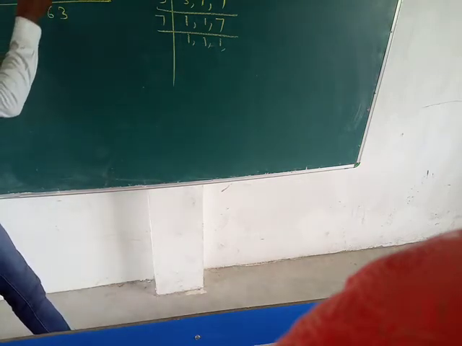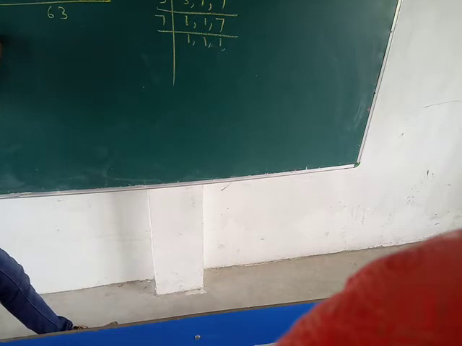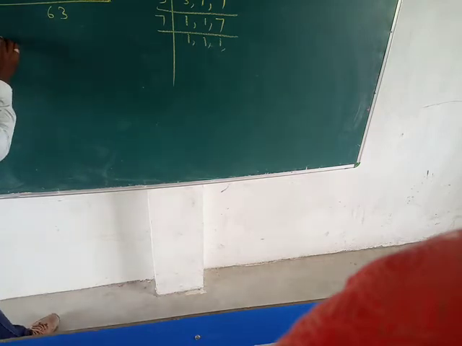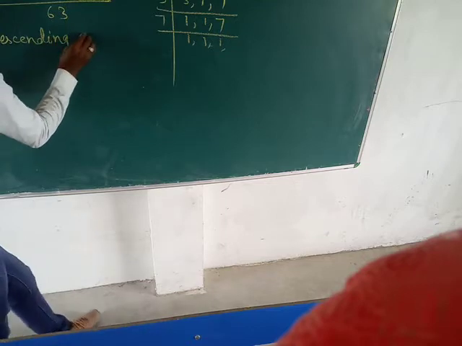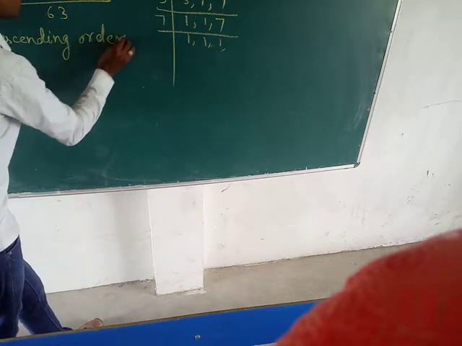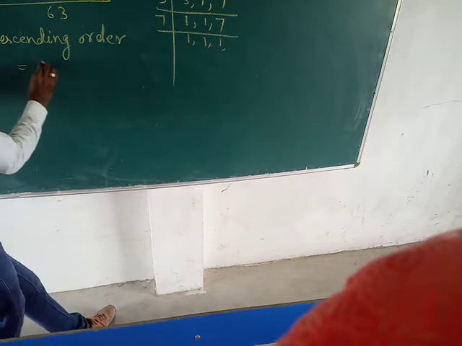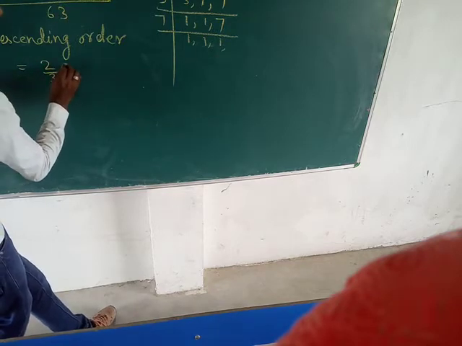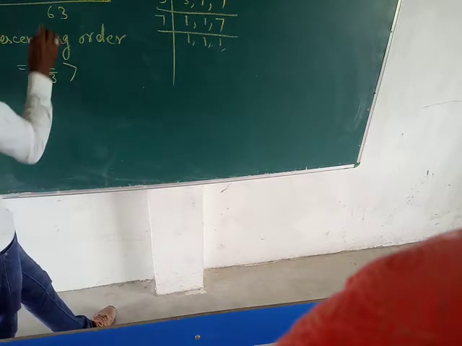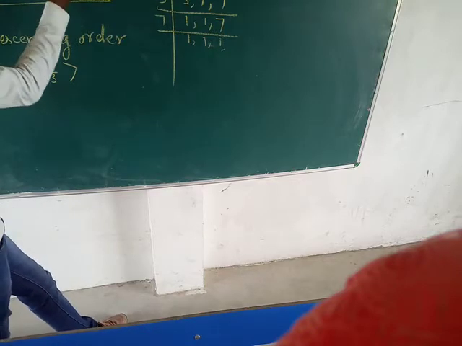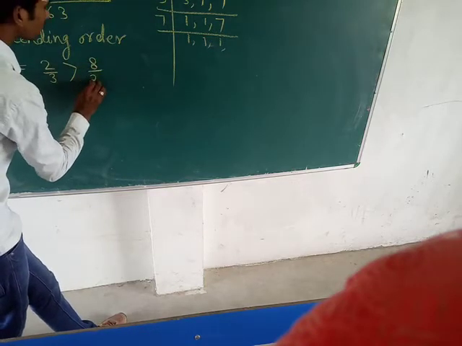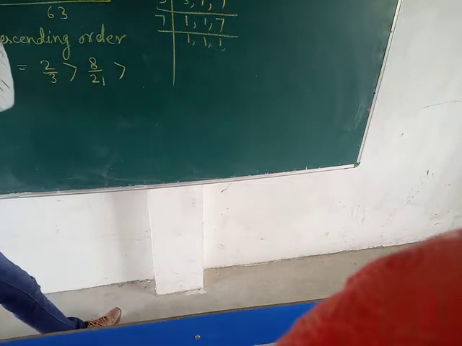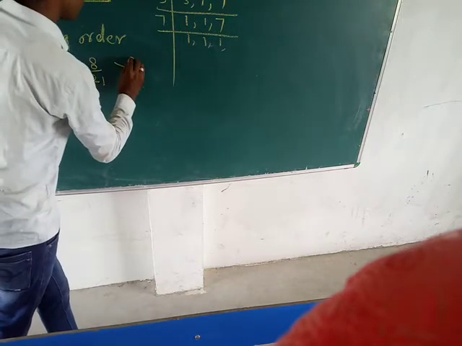The fraction of 42 is 2 upon 3, means when we write it into descending order, first we write 2 upon 3, then 8 upon 21, then and the smallest number is 2 upon 9.